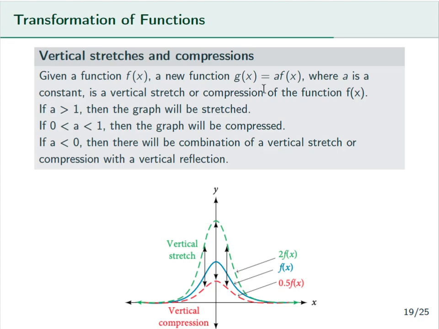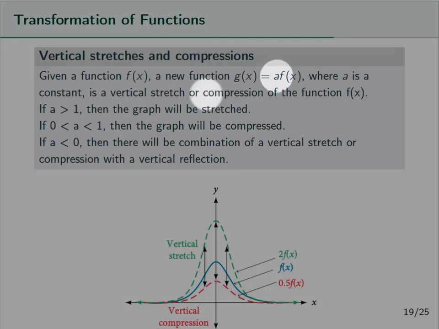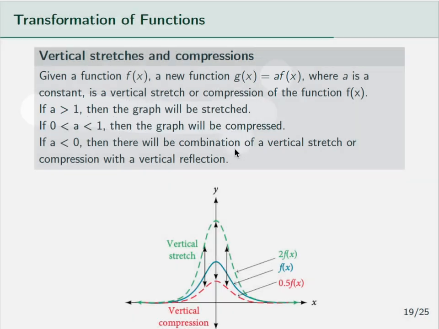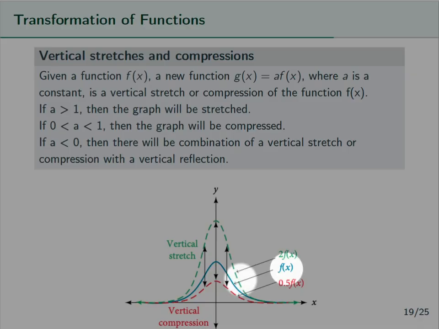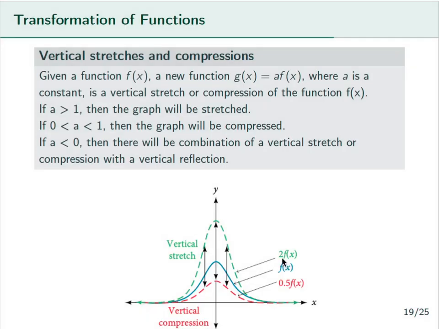So if I multiply by a, and a is a positive number greater than 1, the graph will be stretched. You can see the green graph right here. The blue graph is the original f of x. I multiply a number greater than 1, and as you can see, it stretches.